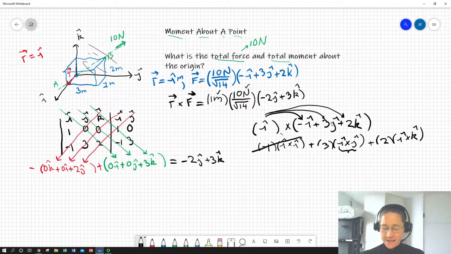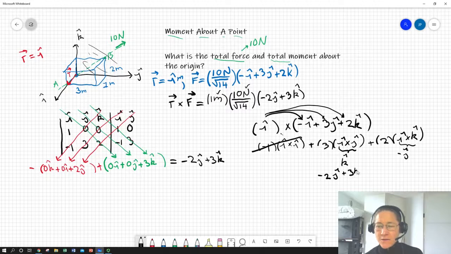So if you take the x-axis and cross it into the y-axis, the result is the positive k-axis. And if we take the x-axis and cross it into the positive k-axis, we get the negative j hat. You can bend your wrist a little bit trying to apply the right-hand rule, and so lo and behold we get negative 2 j hat plus 3 k hat.